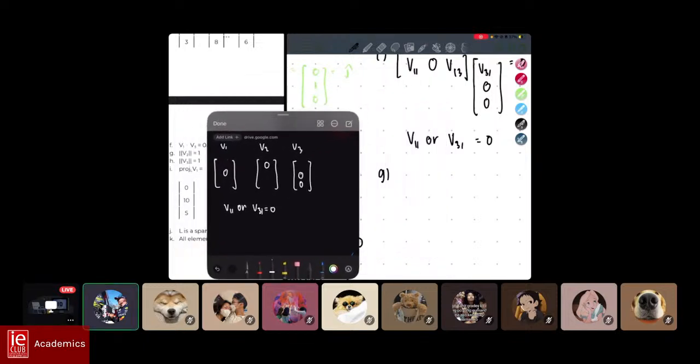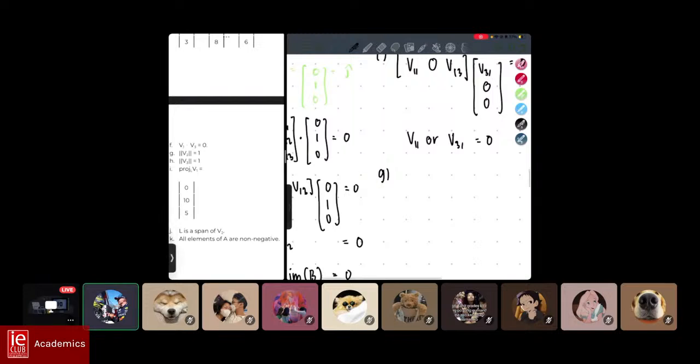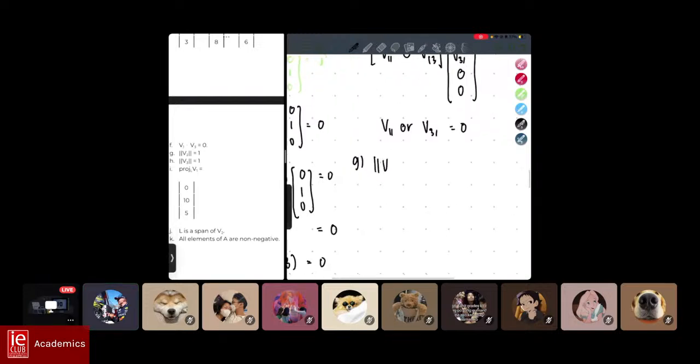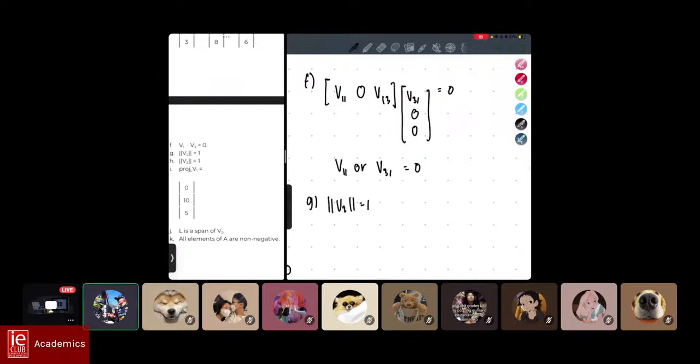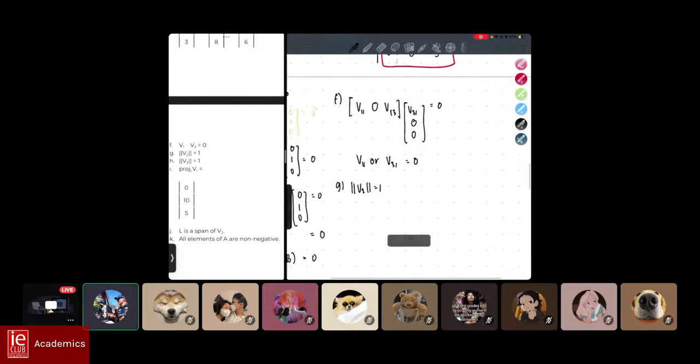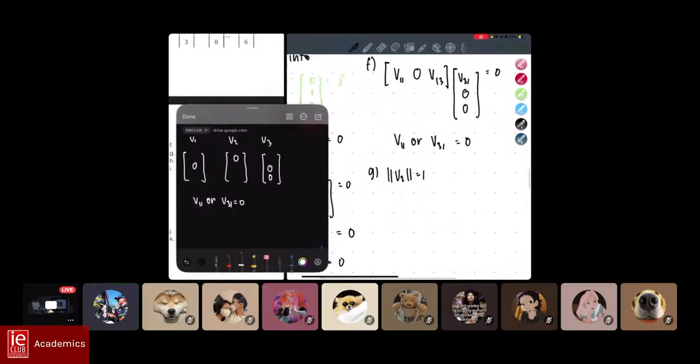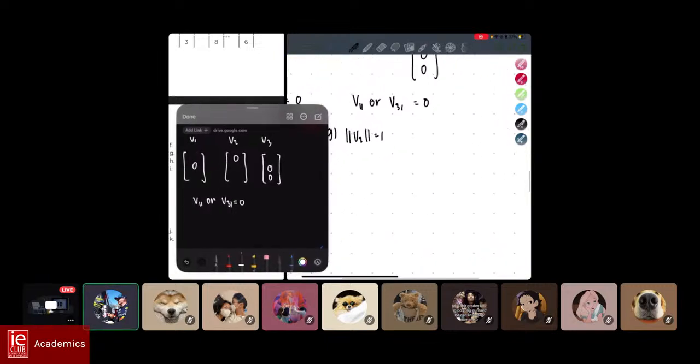We know na V2, the magnitude of V2 is equal to 1. So this is same lang as, I think this is math 22. So V2 is equal to 1.